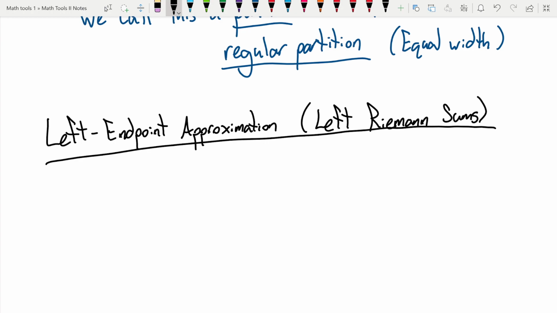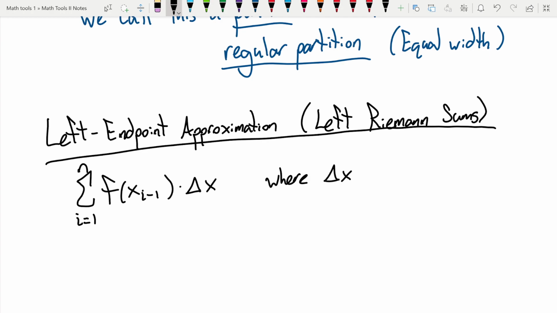So a left endpoint approximation would be the sum from i equals 1 to n of f of x sub i minus 1 times delta x, where delta x is the width of each rectangle.